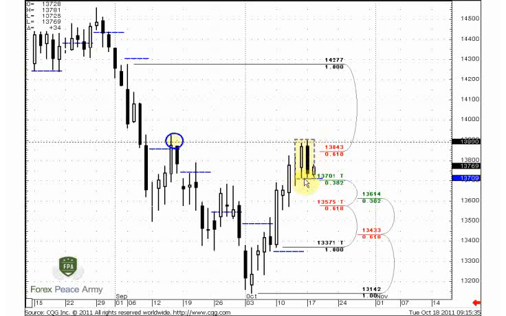The forming of that pattern led us to trade this particular pattern, since according to the rules of trading candlestick patterns, if the market takes out the high of that pattern, then we could say that this pattern has failed and the market will accelerate further to the upside.